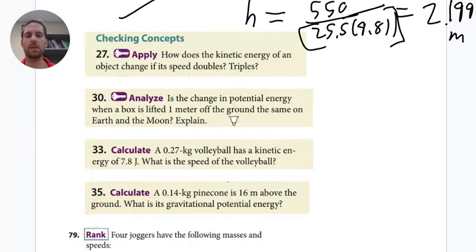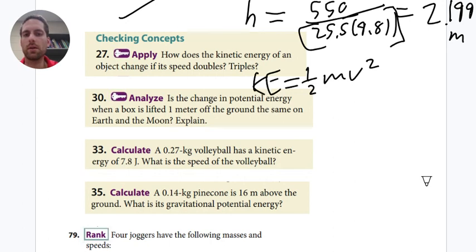For 27, the kinetic energy of an object, if it changes its speed, if it doubles, then if we use the kinetic energy equation, here is the initial kinetic energy. If we double the speed, our velocity doubles as well. So this part doesn't change, it's just the velocity doubles.